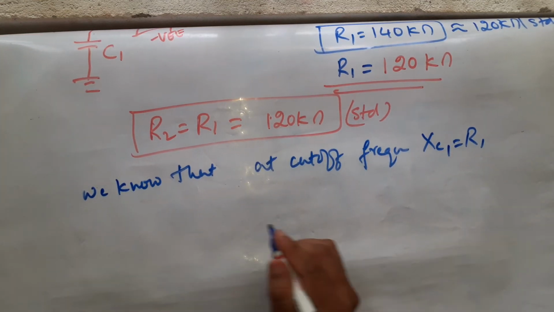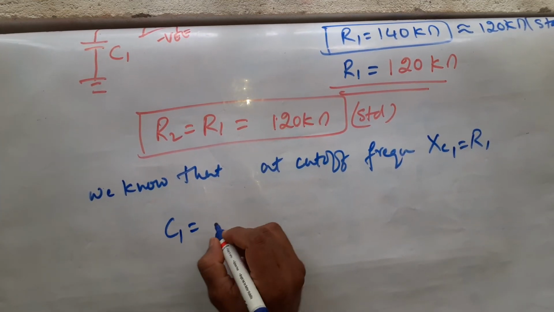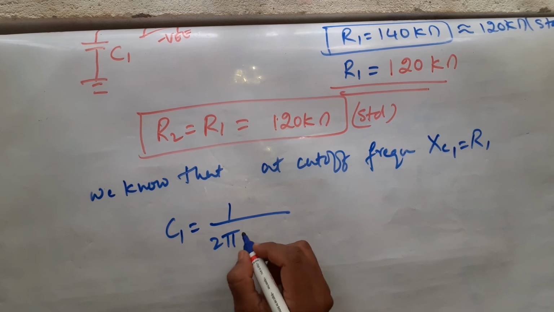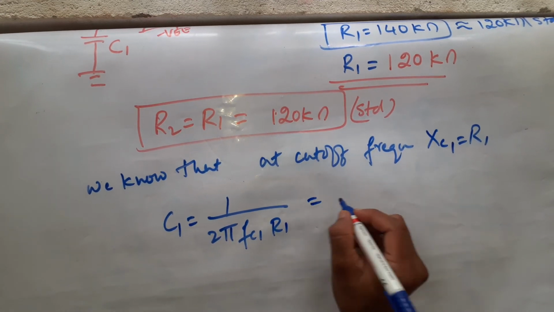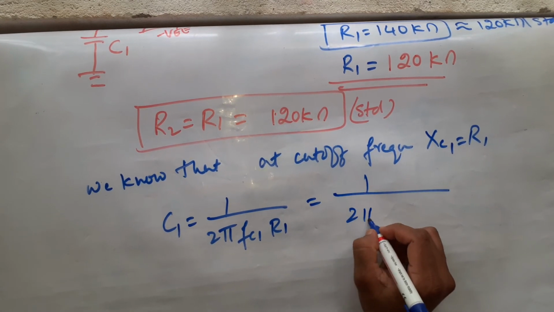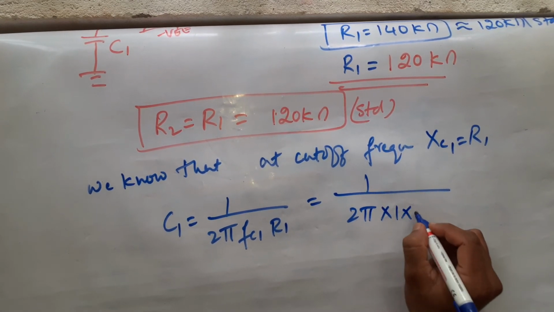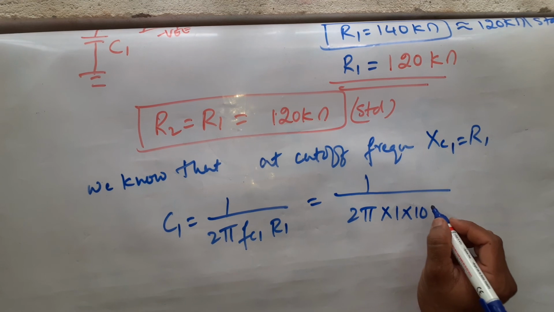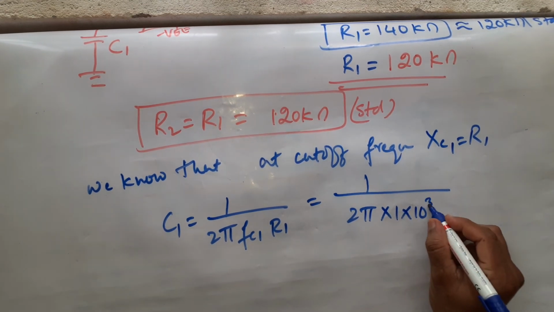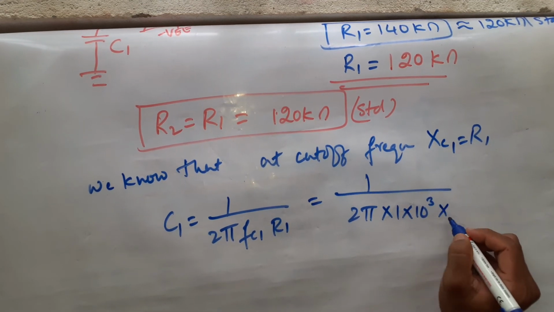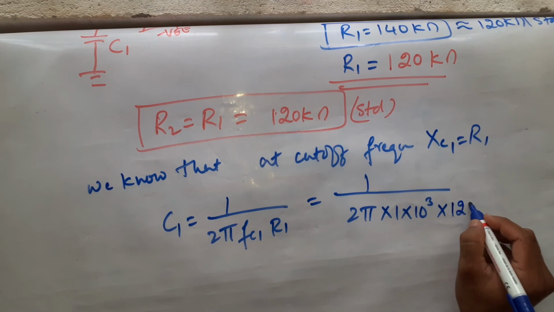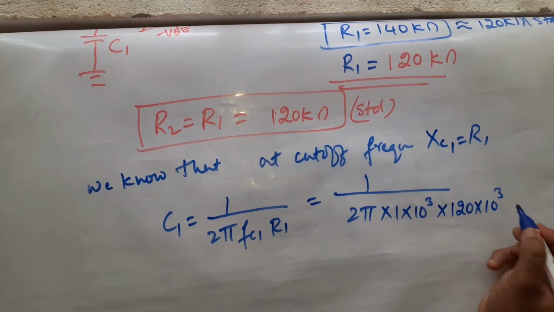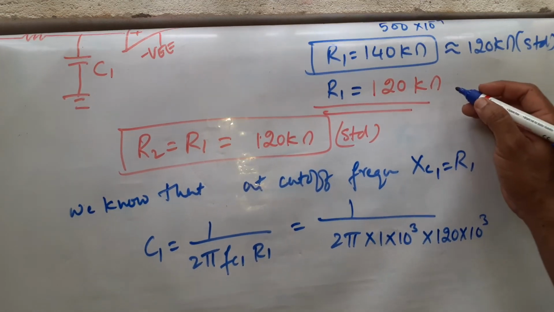We already have a formula C1 equal to 1 over 2 pi FC1 R1, that is 1 over 2 pi. What is FC1? 1 kilo, right? 1 kilo means 10 raised to plus 3. Then R1. What value will you choose? 120 or 140? You have to choose 120K, because 120 you have chosen as standard.